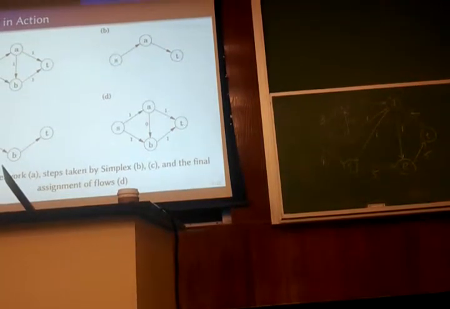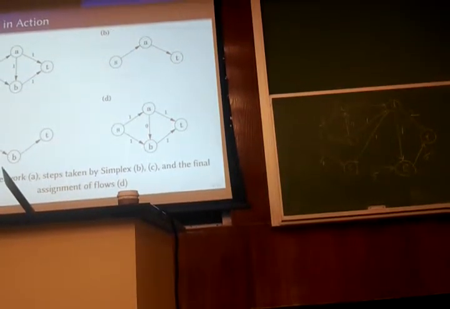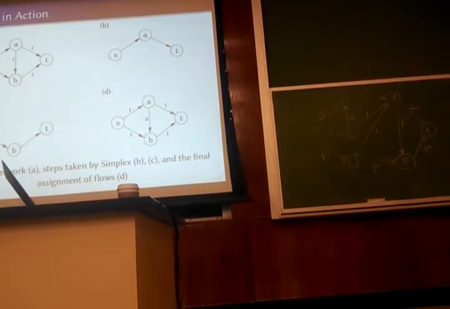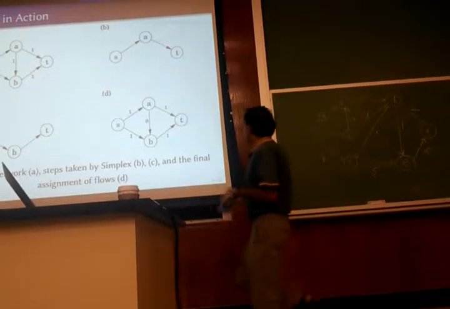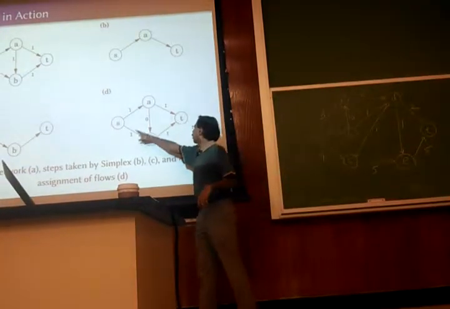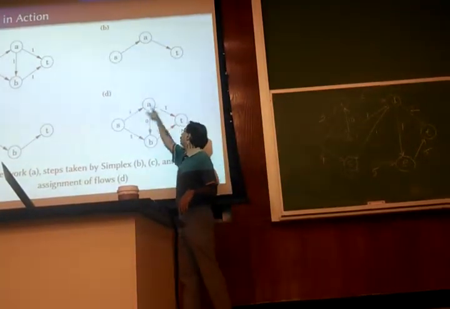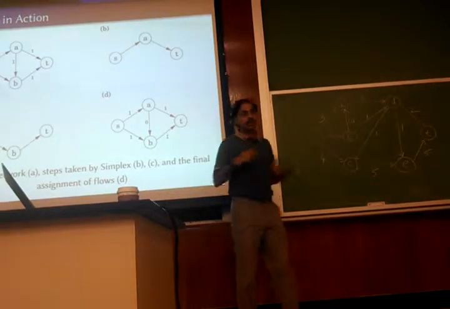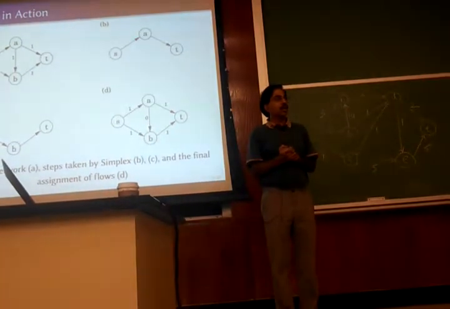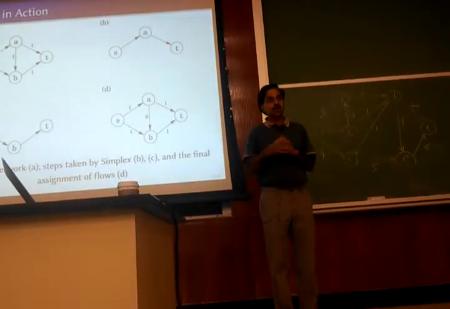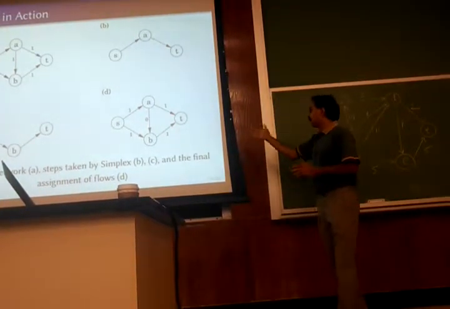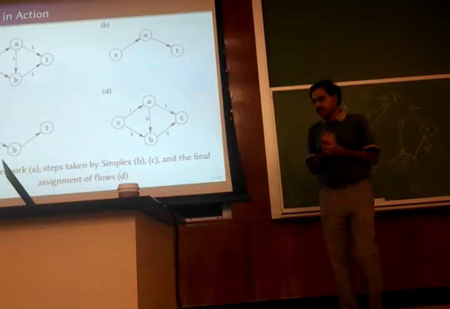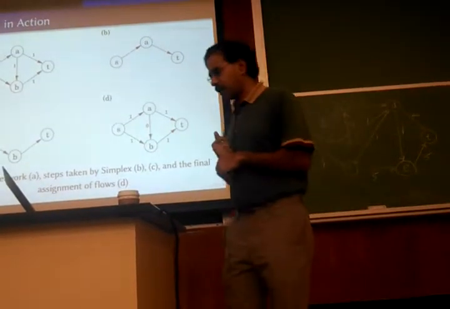So it might pick one of the two. And the next step, of course, is going to pick the combination. And so in the end, it's going to end up with one unit flowing through here and one unit flowing through that path, and so you are able to send 2 units from S to T. So that's how simplex works.